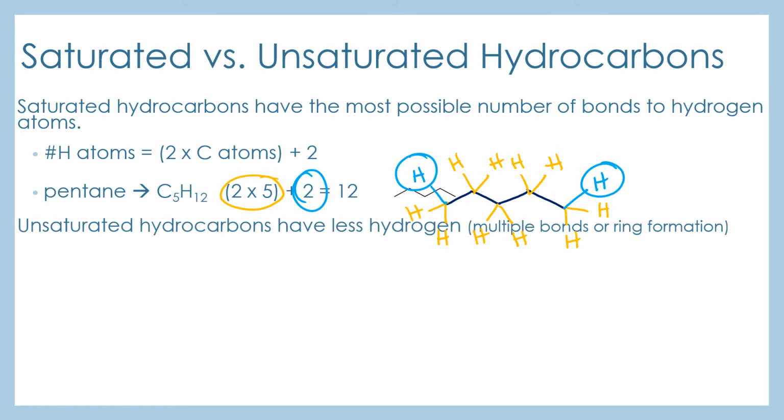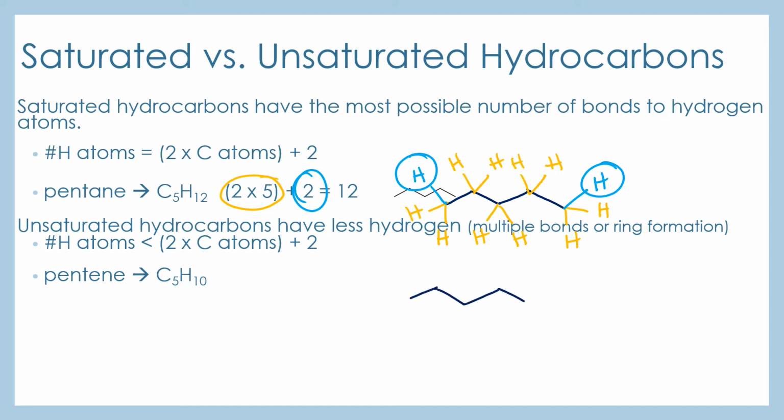Unsaturated hydrocarbons have less hydrogen, and you can do this with multiple bonds or with ring formation. So the number of hydrogen atoms in an unsaturated hydrocarbon is going to be less than 2 times the number of carbon atoms plus 2. So for example, pentene, there are actually multiple forms of pentene, but let's just pretend that we're using 1-pentene, is C5H10.